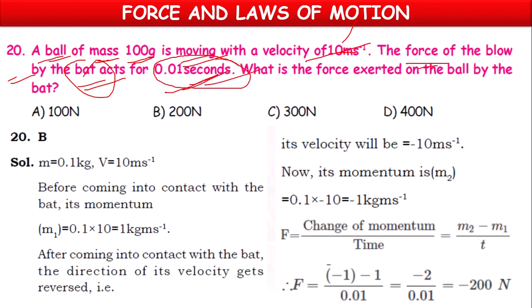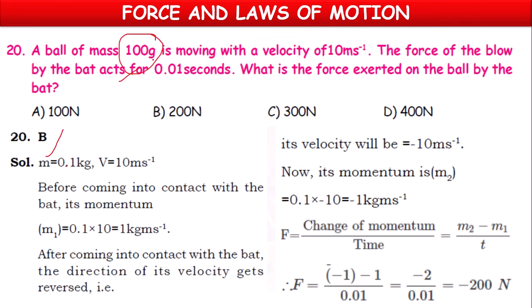Means during this time the ball is in contact with the bat, or the force of blow by the bat is given to the ball during this time. Then what is the force exerted on the ball by the bat? So here mass of ball 100 grams means 0.1 kg. Velocity of the ball 10 meter per second.